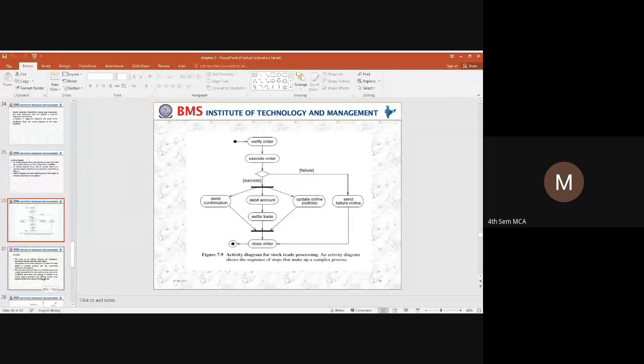We have taken an example of a stock brokerage. For the same stock brokerage, we can write an activity diagram of how the stock trading processing is going to happen.